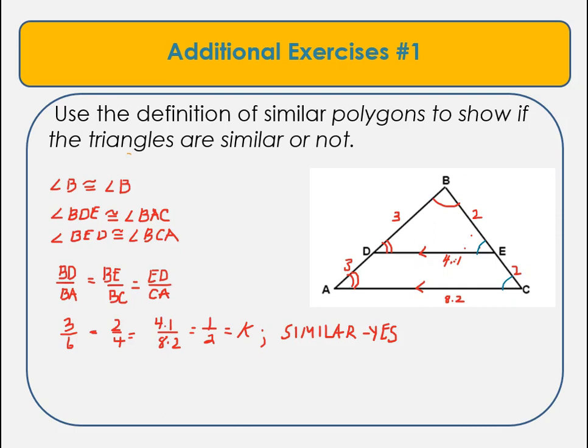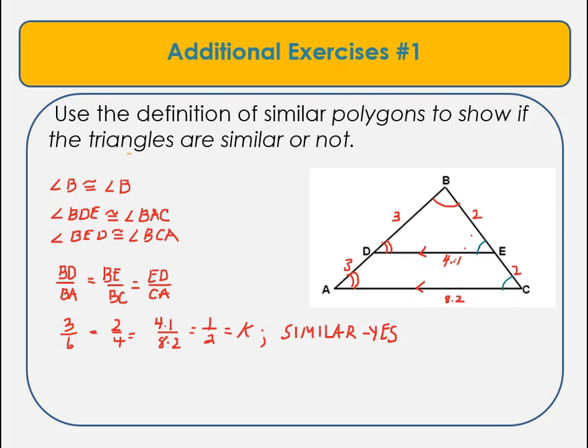So angle BDE is congruent to angle BAC, and angle BED is congruent to angle BCA, and that is because parallel lines create corresponding angles.